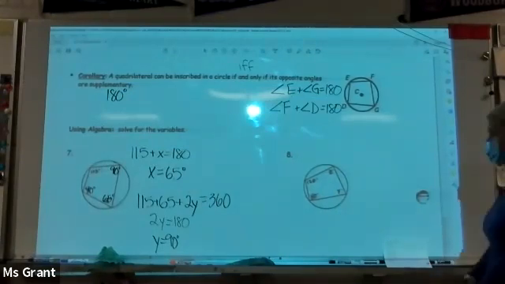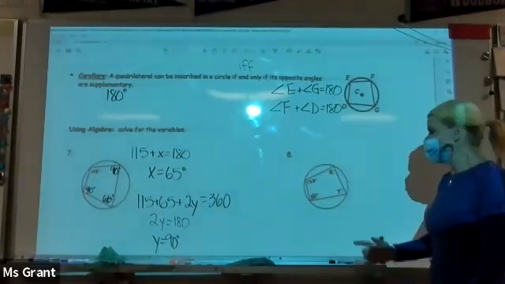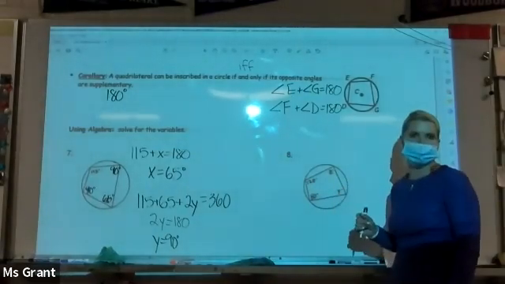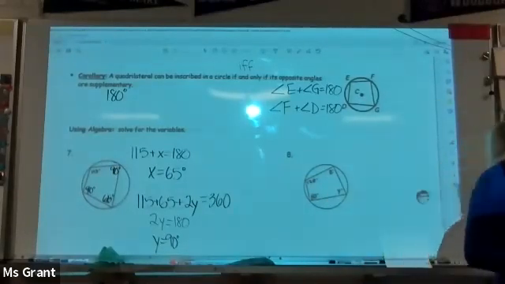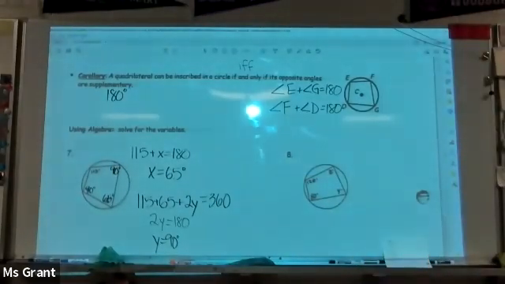Okay, lastly, go ahead and try 8 on your own. Opposite angles add up to 180. So y is the first one you should solve. Y and z are both pretty easy to solve for. Okay.